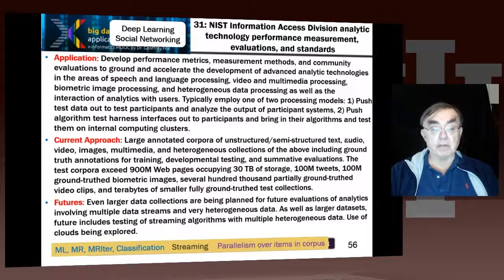So this is obviously an important national resource, and NIST and the nation need to decide how best to host that data and make it available for richer and richer sets of experimentation. And clouds are obviously, clearly, the right approach to this.